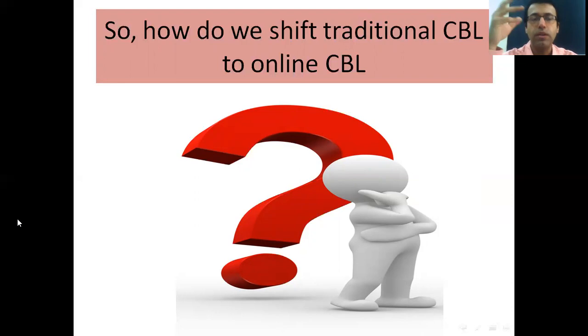I think it is nowadays very important for all medical schools to implement blended learning, on site and online. So we are in urgent need to identify how to conduct CBL electronically using the learning management system.